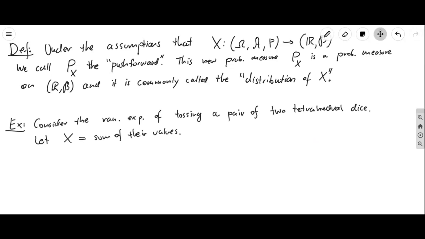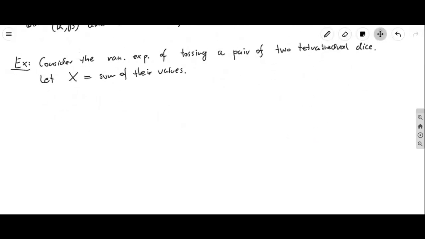To describe the random experiment, we first need a sample space. The sample space can be described as a pair, right? You're tossing a pair, and every tetrahedral die has a number from 1 to 4 on it. So you can distinguish between them.